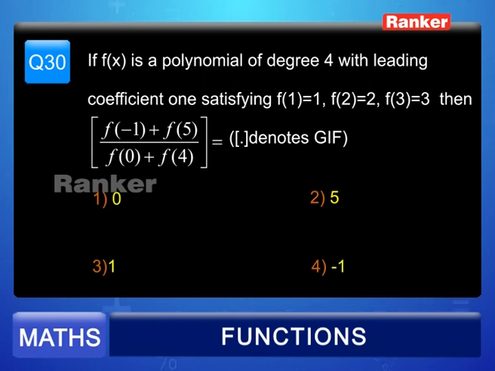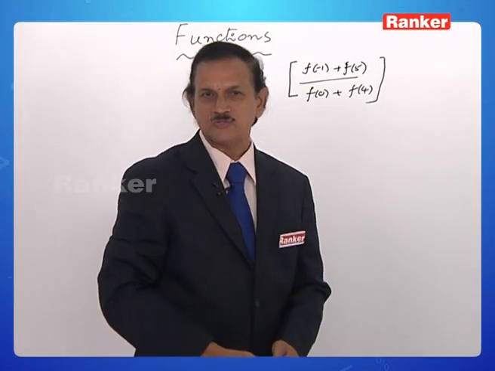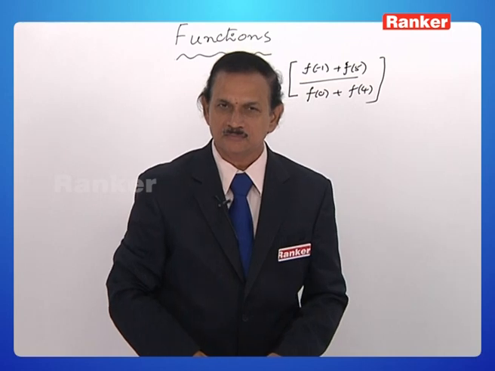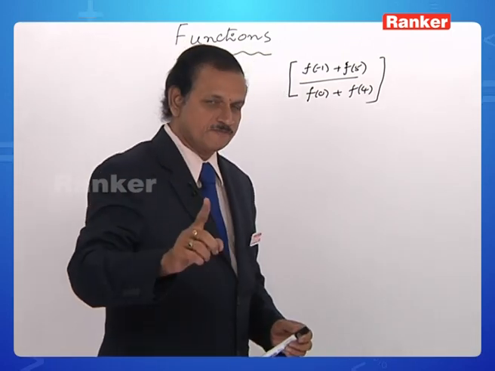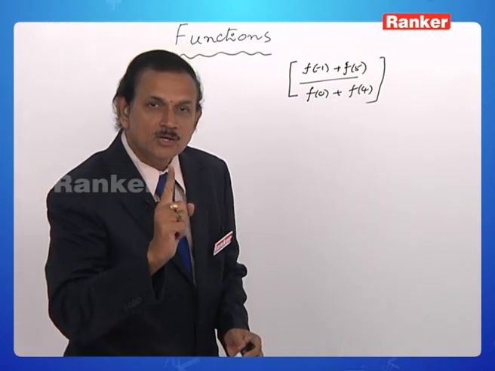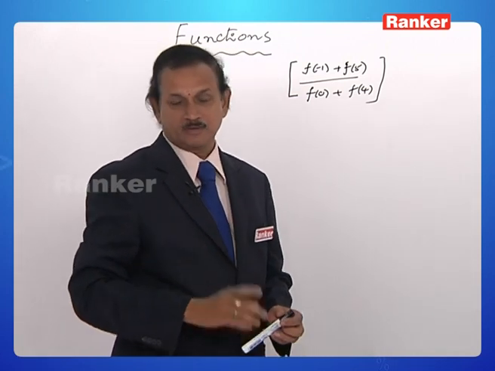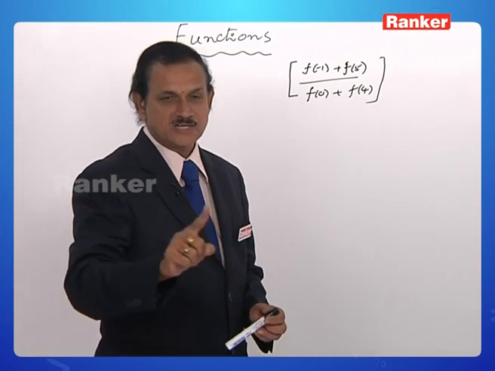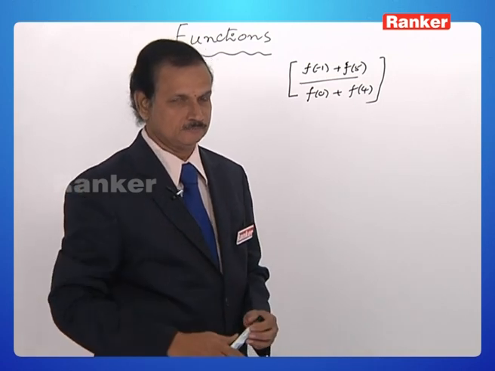The crucial idea in making a successful attempt to solve this question is to observe the nature of f(x). It is a fourth degree polynomial. Moreover, the leading coefficient is 1, that is, the coefficient of x^4 is 1. Not only that, f(1) is given to be 1, f(2) is 2, f(3) is 3.